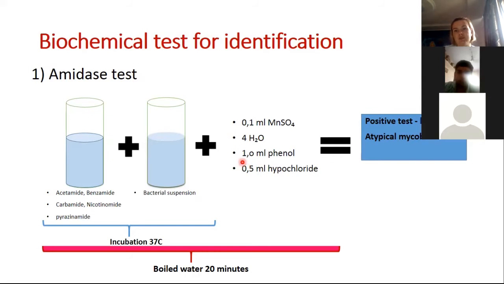And check the result. If it is a positive test for pathogenic bacteria, the color of the suspension will be blue, and we can interpret it as atypical mycobacteria.